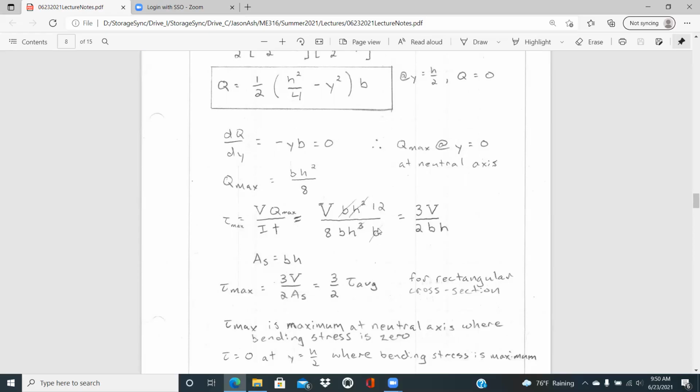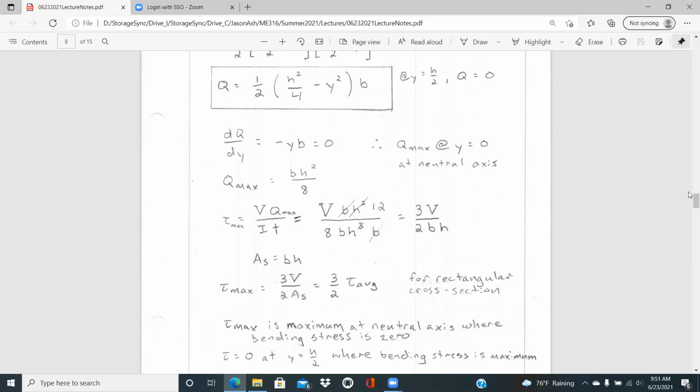And so our bases, we have 2 of them that will cancel. Top and bottom there, we'll have an h squared that will cancel with an h cubed. And we have 12/8, which is 3/2. So we still have a base and a height in the denominator. And so we end up with 3 times the shear force divided by 2 times bh.